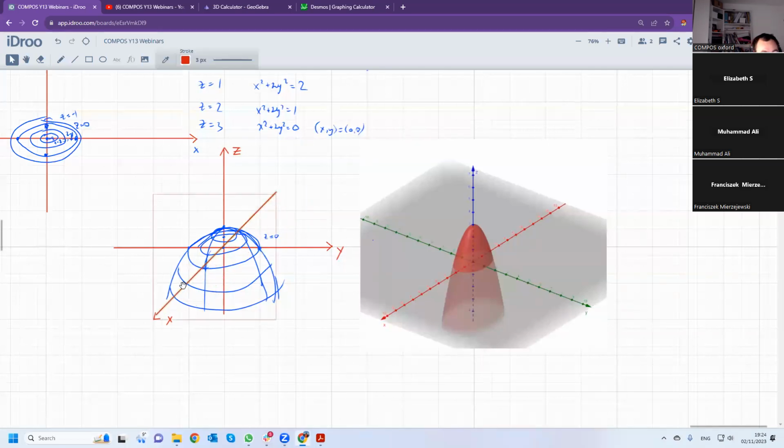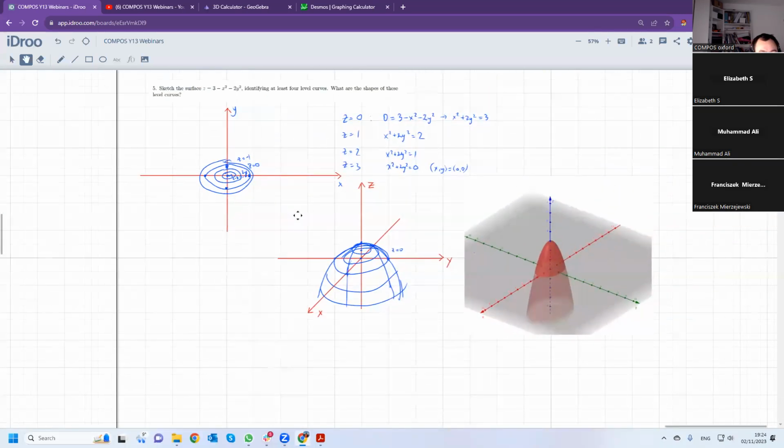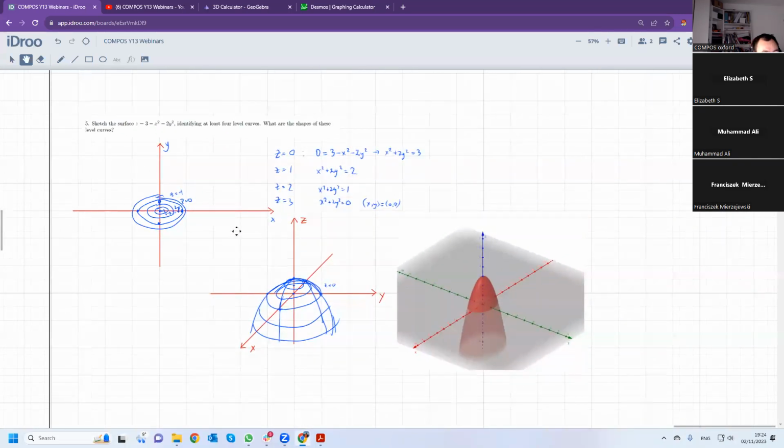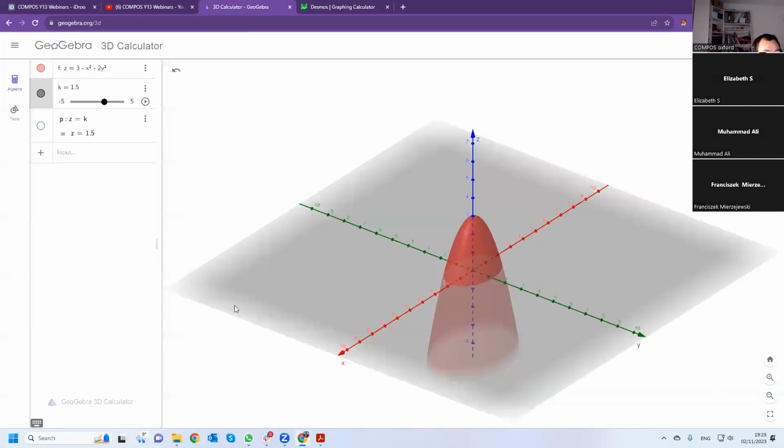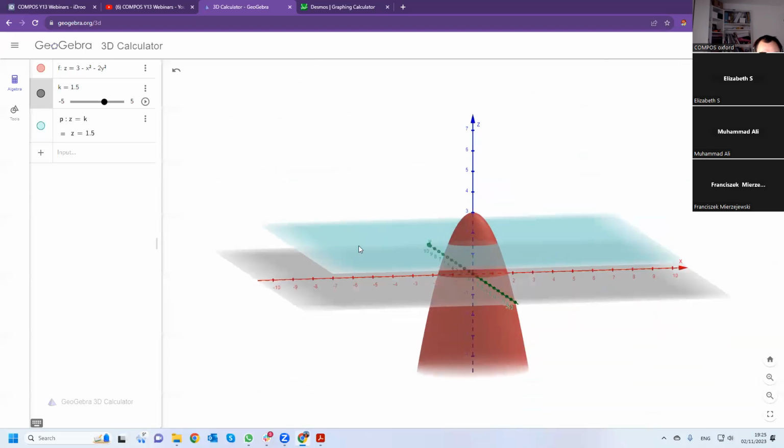Now look what happens if I add the plane. So if I add the plane, this is z equals 1.5.